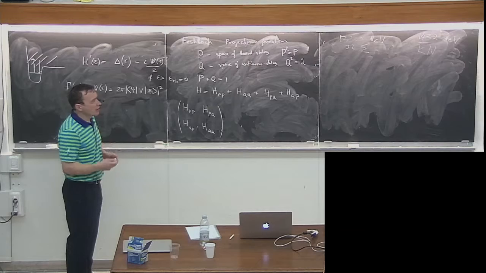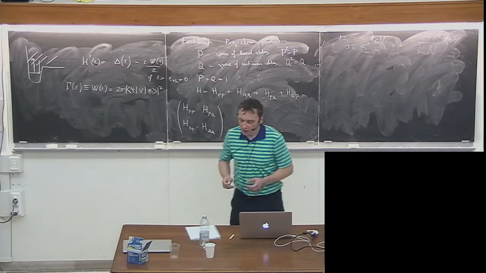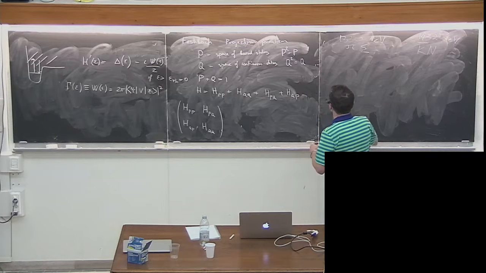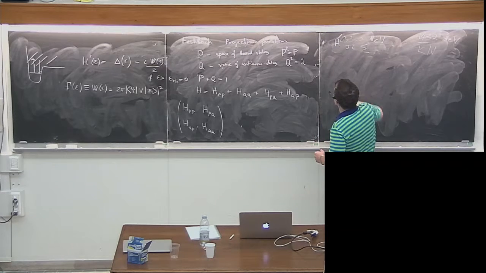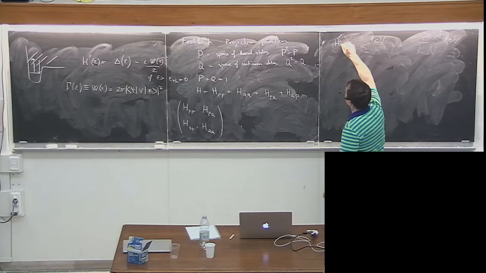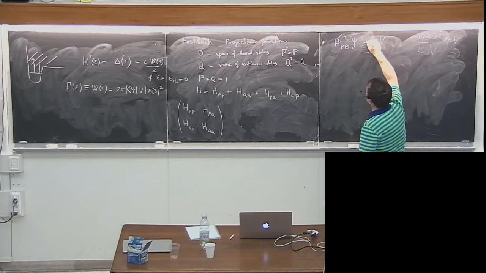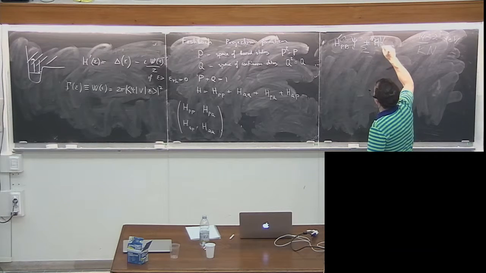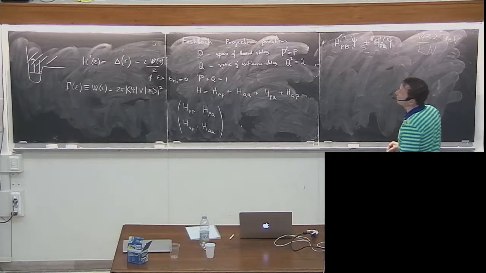All right, so then I can write my Schrödinger equation in terms of components. First of all, if I think of the full Schrödinger equation in the P space, then I would have H_PP acting on my psi plus H_PQ acting on my psi, right?